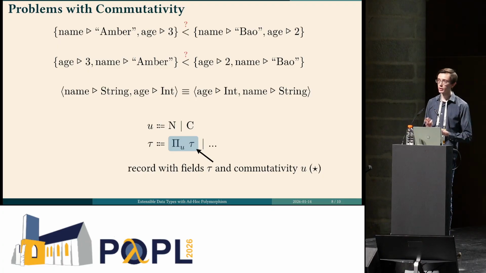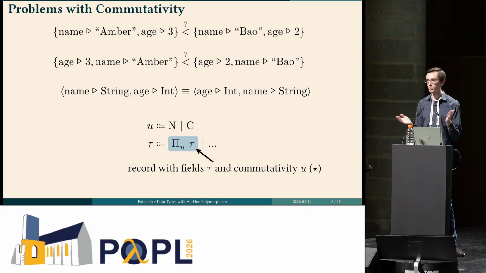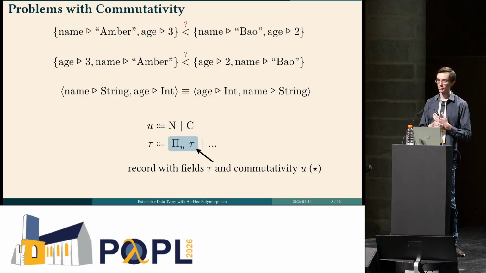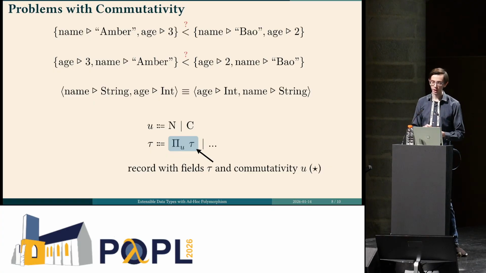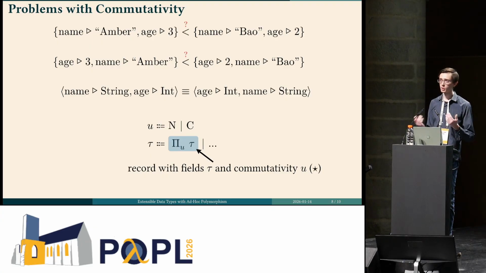So for example, the EQ type class, when we go through the fields, right, we'll compare them all for equality, and then we'll aggregate the results by just ANDing all those individual comparisons together. And so since that AND function is like mathematically commutative, it doesn't matter what order we do the aggregation in. And so in that case, we can allow for commutativity, and it doesn't matter which row type is picked for resolution because the behavior will be the same regardless.